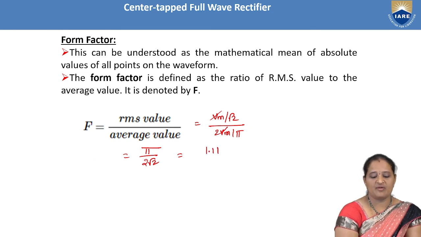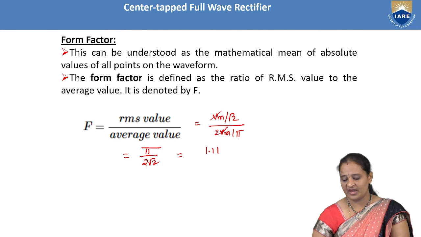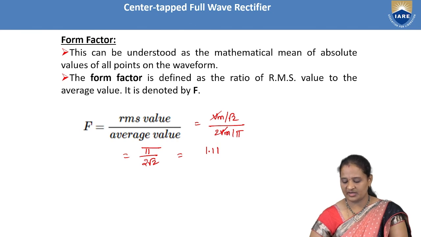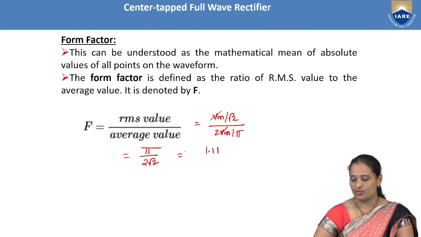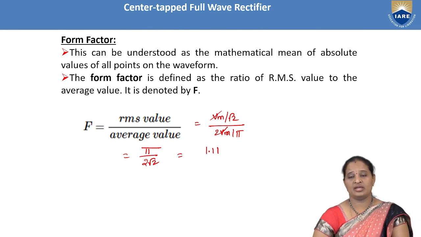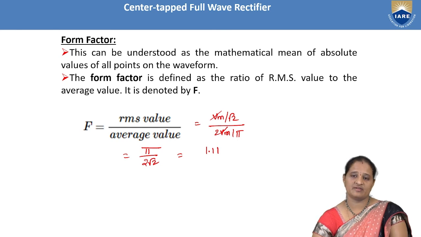If you calculate, it will be equal to 1.11. So the form factor of the full wave rectifier is 1.11, which is reduced, whereas in the case of the half wave rectifier it was 1.57.